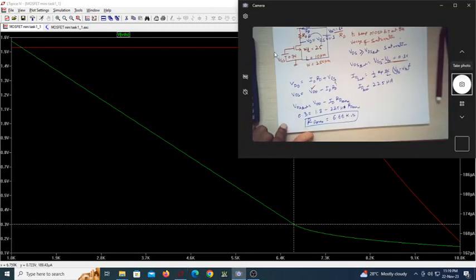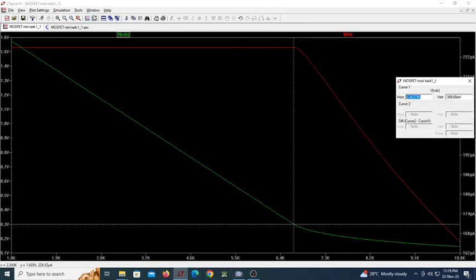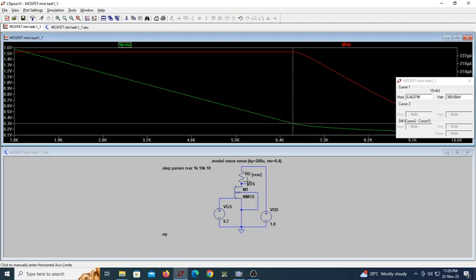So this way we can do a simulation where I am changing the value of RD through this .step command, varying it from 1k to 10k with an increment of 10 ohms.